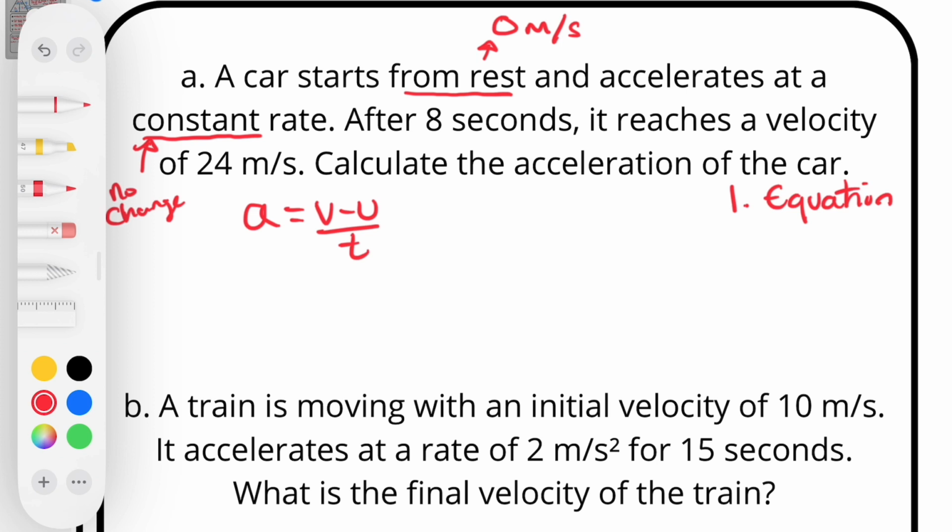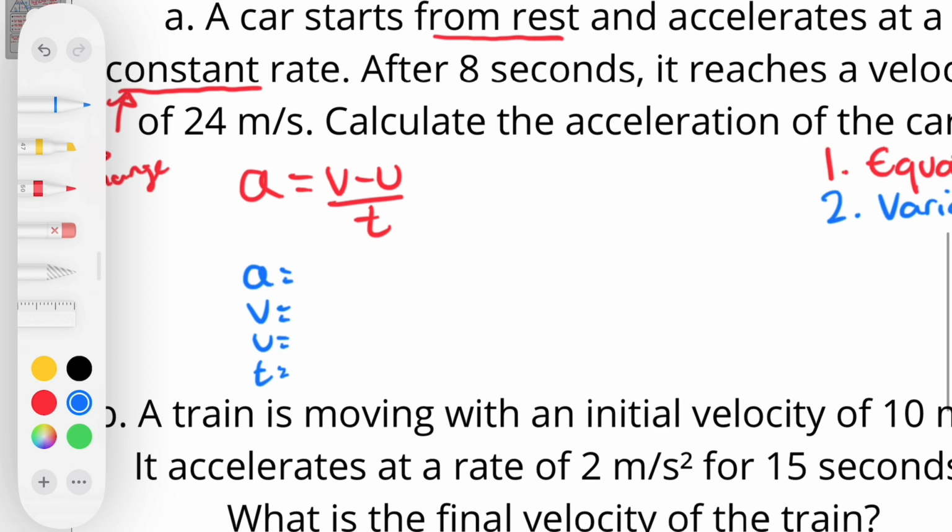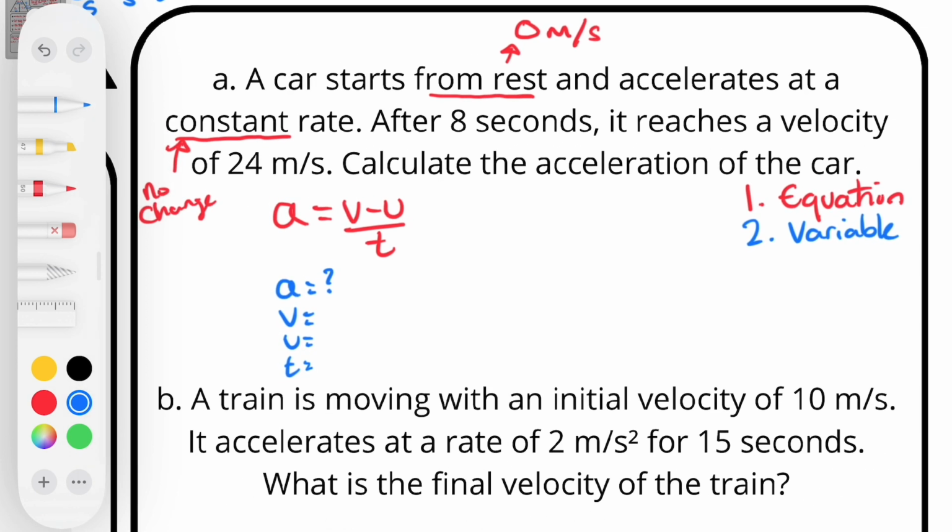Okay. Number 2, let's do some different colors just to brighten this up. Number 2 is variables. So in this one, we write down all of the variables, so all of the parts of the equation, and we write down what numbers we have, also what we don't have. So we don't know A. So V, remember, is our final velocity.